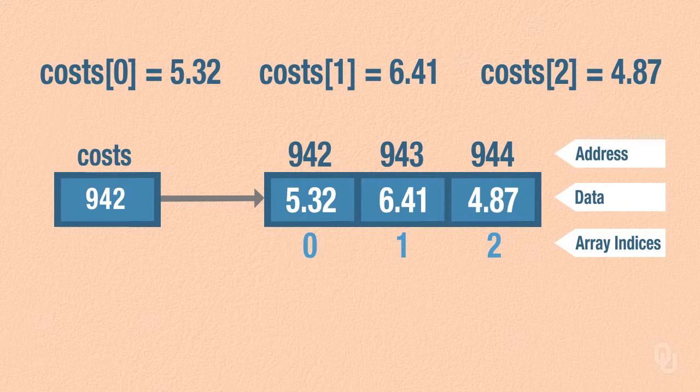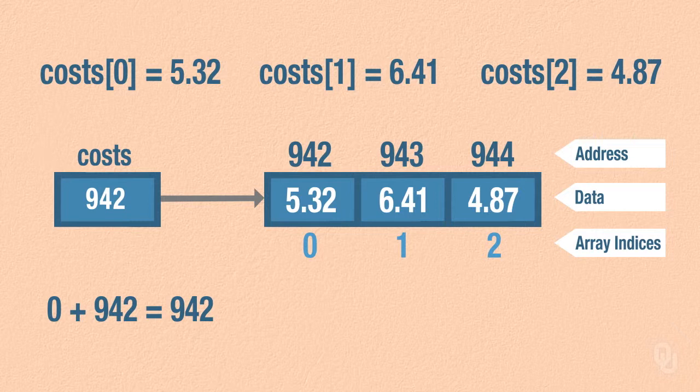Starting counting at 0 doesn't make much sense until you look at how the references work. To get the address of the first element, we add the index 0 to the reference costs. 0 plus 942 is 942, the address of the first element. To get the address of the second element, we add the index 1 to the reference costs. 942 plus 1 equals 943.